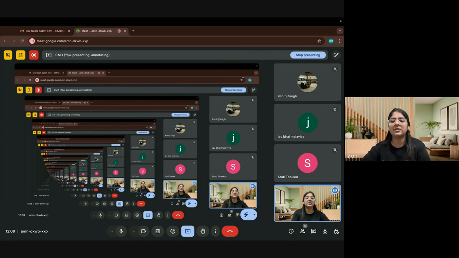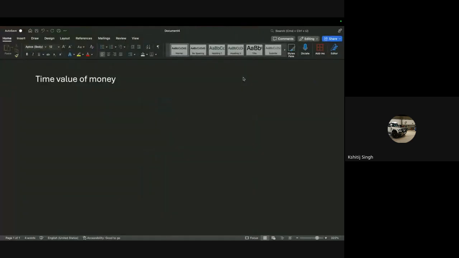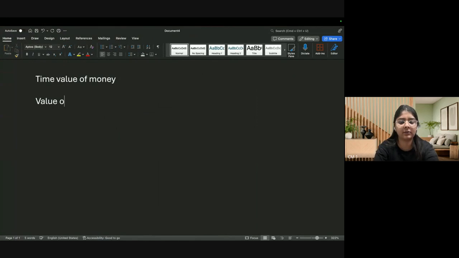Now there are various reasons why I need to pay you interest on the money I have borrowed from you. The first reason can be the opportunity cost. Does anyone know what opportunity cost is? Like we can use this money to do something else. Correct, opportunity.